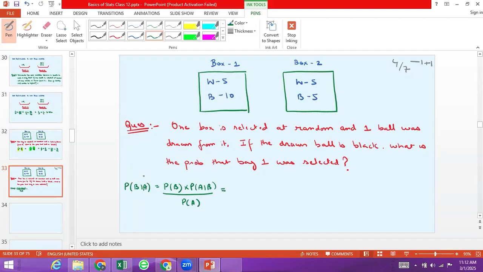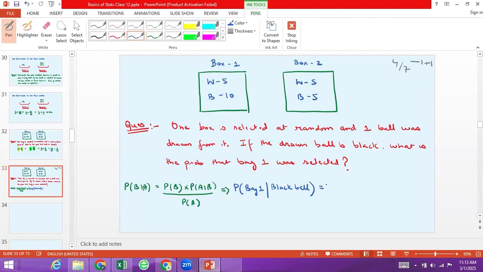Now here, what is it asking us? It is asking what is the probability that bag 1, or box 1, was selected given that a black ball was drawn.